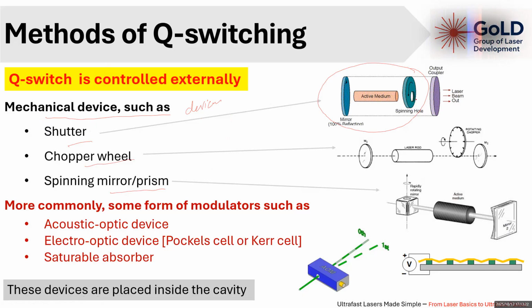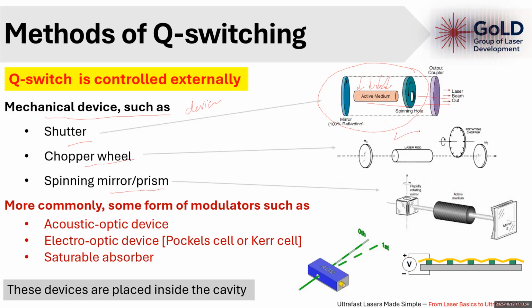When the hole comes in front of the gain medium, we see the giant pulse at the output of the cavity. When the hole is not in front of the gain medium, even though the pump and population inversion are going on, the oscillation is blocked, so when it opens, you get high output at the end.